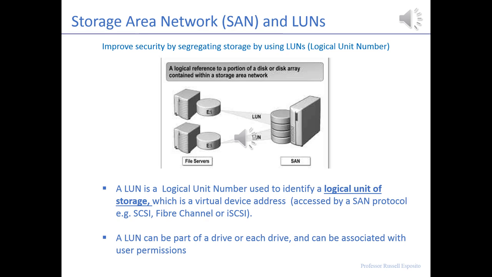The drives no longer appear to the file servers as they exist physically. You can logically connect different drives together, or pieces of drives, into different LUNs. And the nice thing is the LUN can be associated with user permissions. So it gives you more control and another level of security in managing your data by LUN and by user privilege type, your group of users.